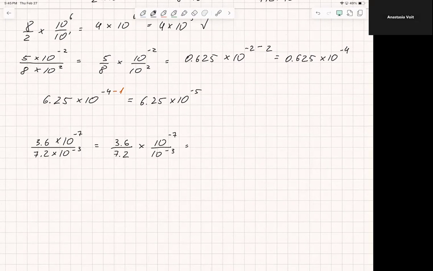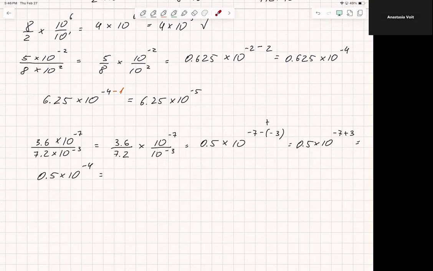And we have, so 3.6 divided by 7.2, that's going to be 0.5, times 10 to the power of negative 7 minus negative 3. So don't forget to keep this negative in front as well. Now we know that negative times negative gives us plus, so we would have 0.5 times 10 to the negative 7 plus 3. That's going to be negative 4.